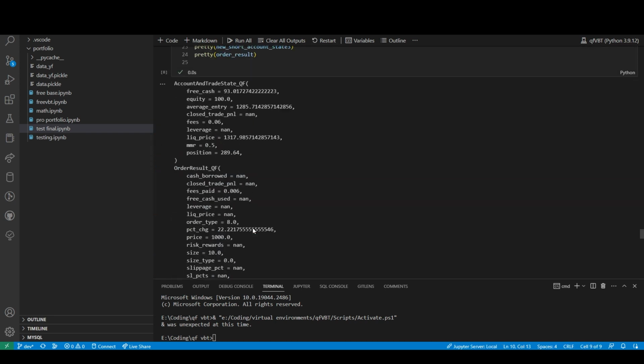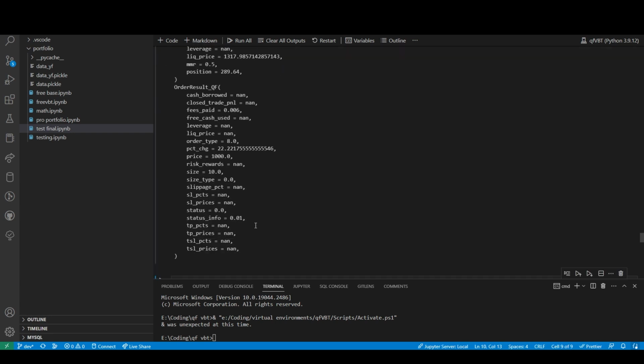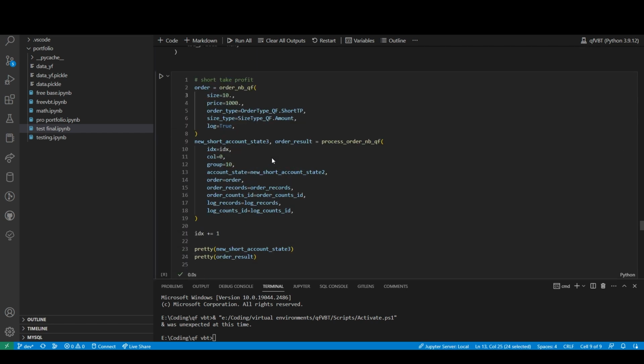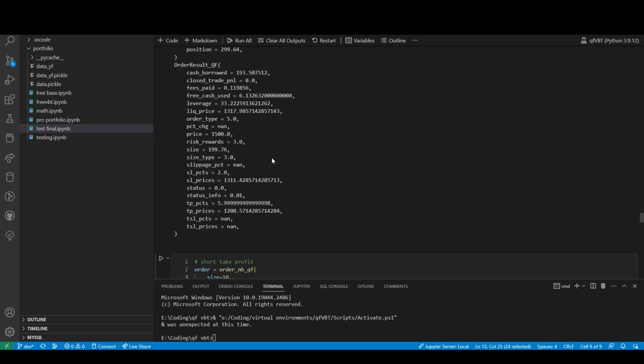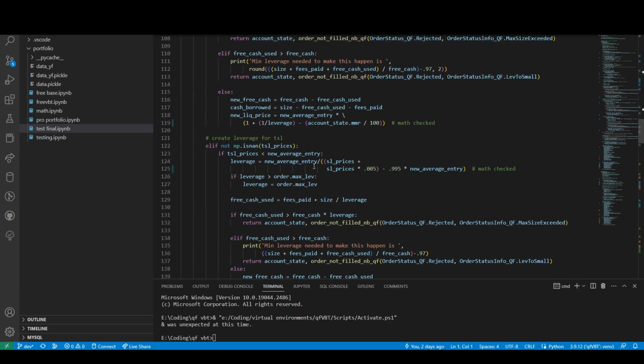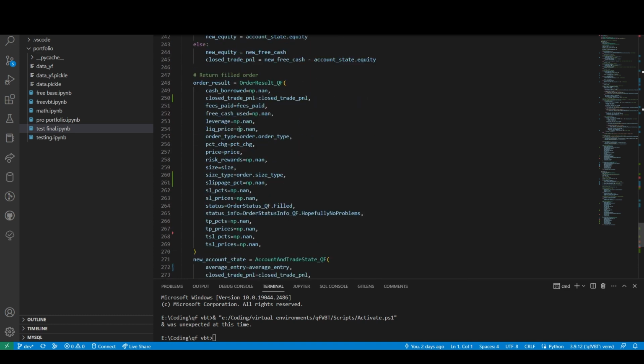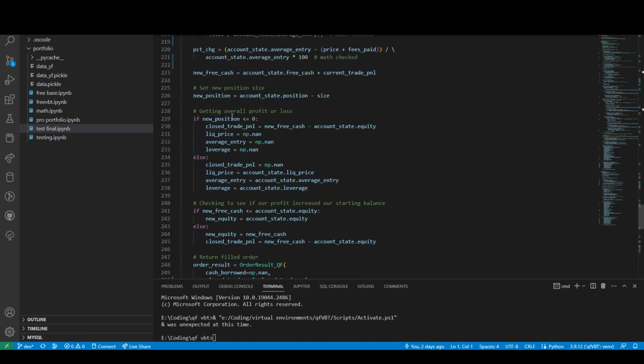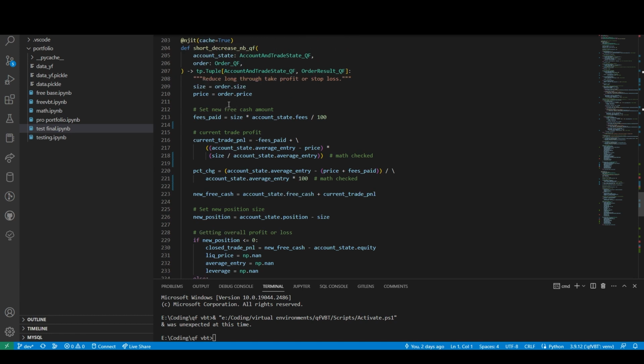And so now I have to figure out how to make it so that way... So let's see. If we go down here and we take profit, we're decreasing. Order result is no. Hmm. I need to do something here.